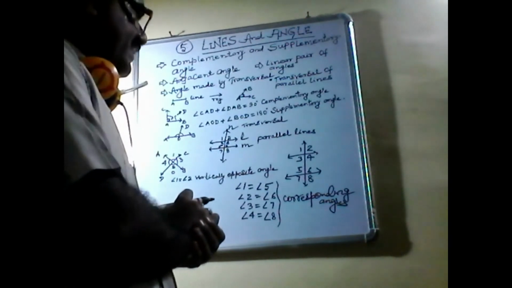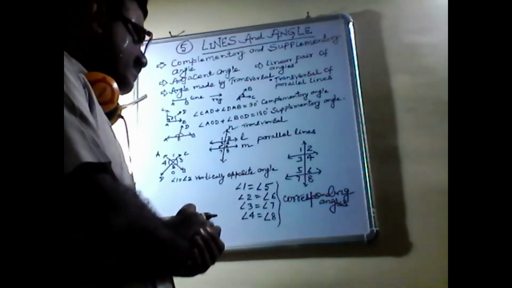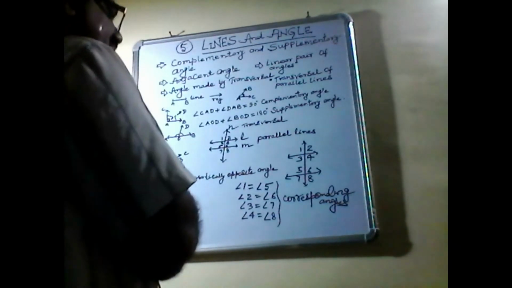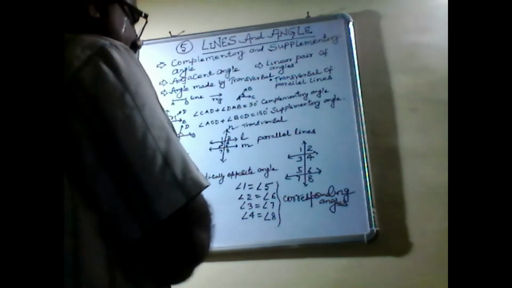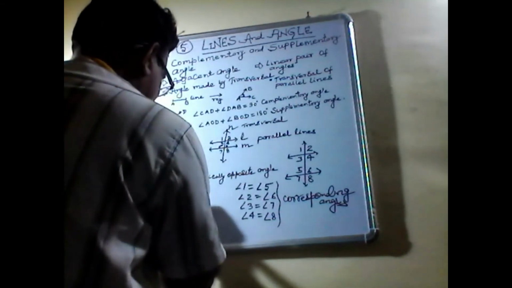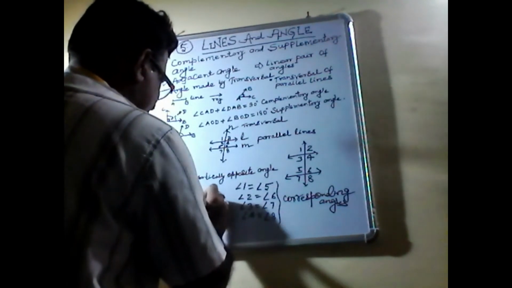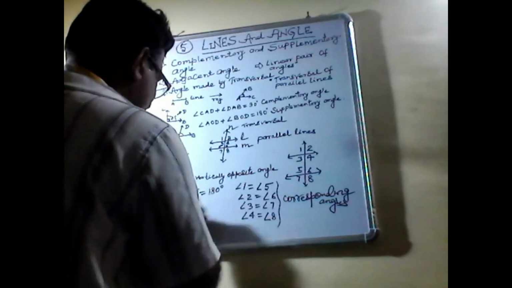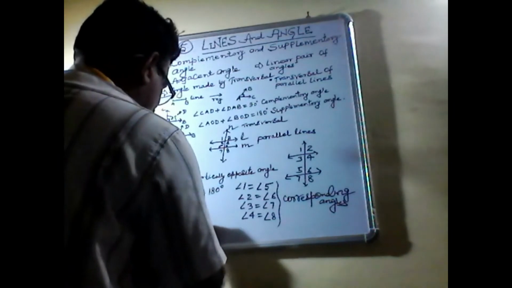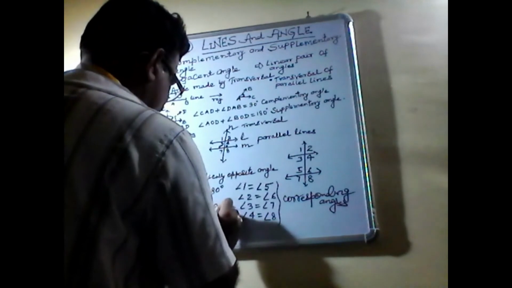If the two lines are parallel to each other, their corresponding angles will be equal, their vertically opposite angles will be equal, and another case is the sum of the two interior angles on the same side, that is angle 3 plus angle 5 is equal to 180 degrees, or angle 4 plus angle 6 will also be 180 degrees.